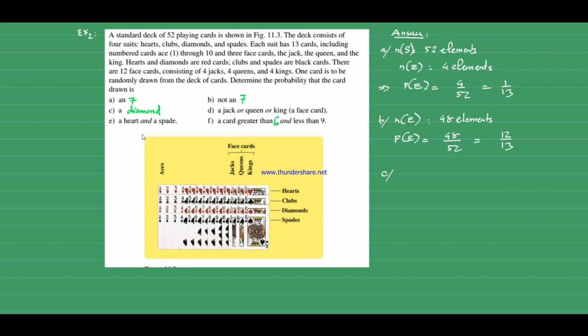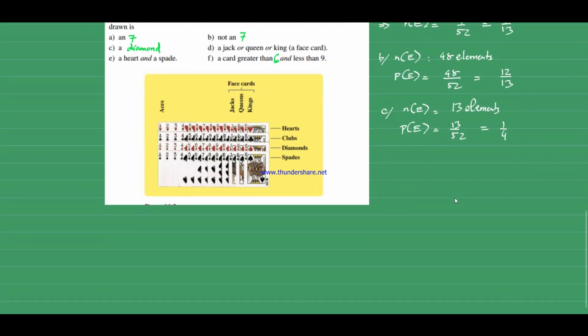All right, for C, the diamond. How many diamonds do we have over here? We have 13 cards of diamond, so we have 13 elements. So the probability over here will be 13 over 52, which is 1 over 4. It's also less than 1, right?